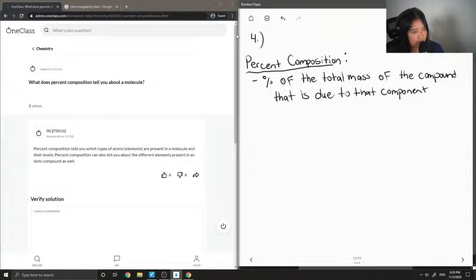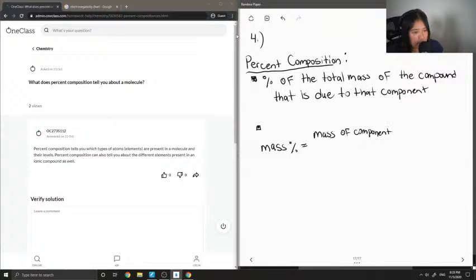So I'll give the equation that can be used to calculate percent composition, just so that it's easier to explain. I'm gonna call it mass percent is equal to the mass of your desired component.